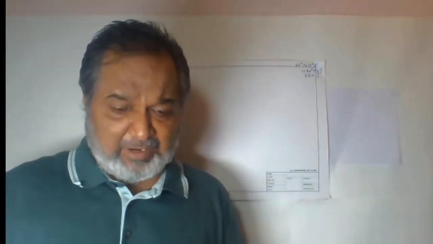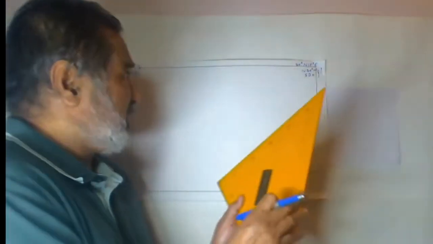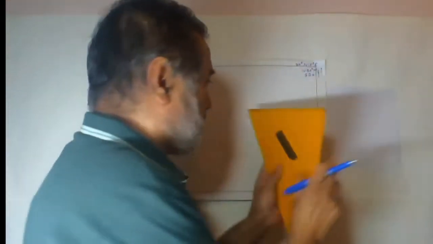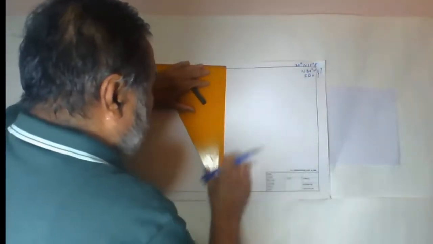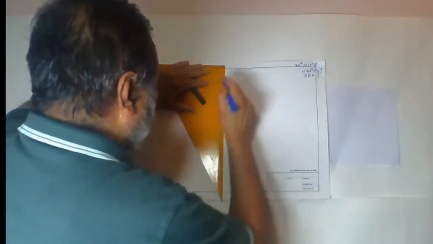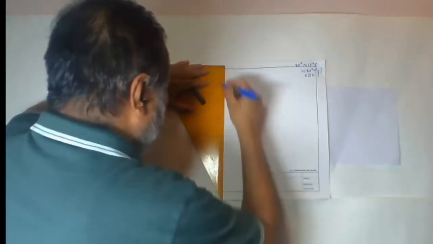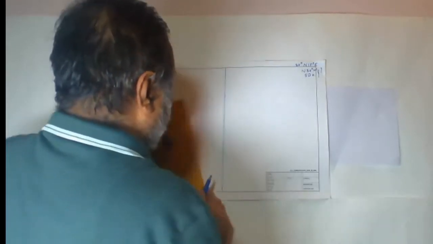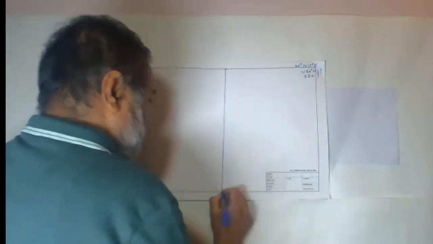Now, with the help of the protractor as well as the set square, you have to draw a parallel line from the center, exactly in the center of the page. Then draw a line perpendicular to this dark line, extended to complete one line.